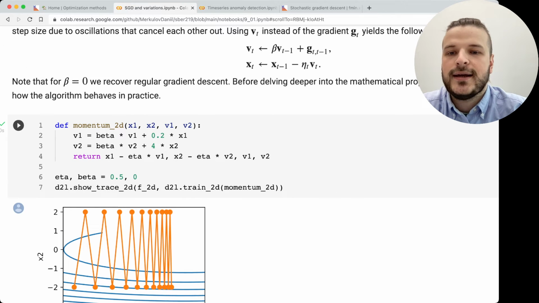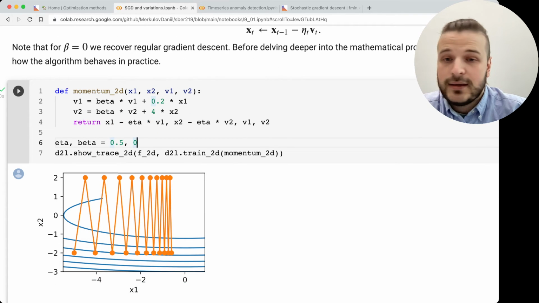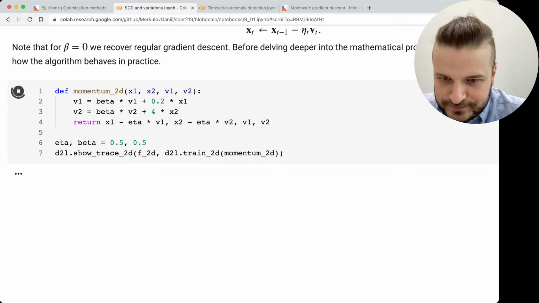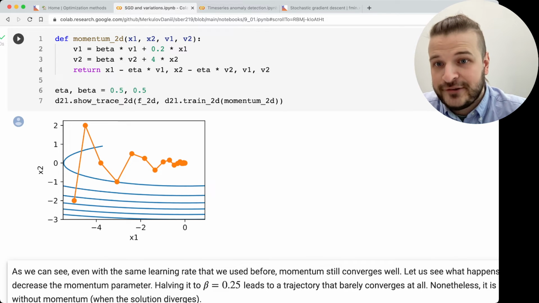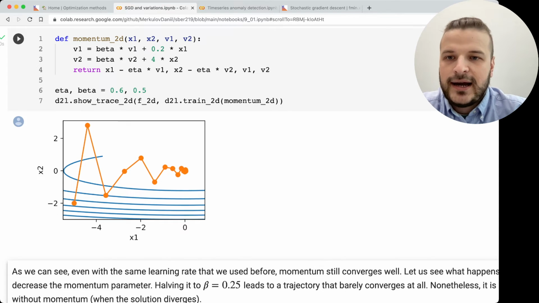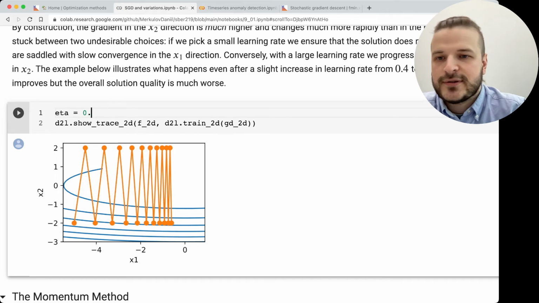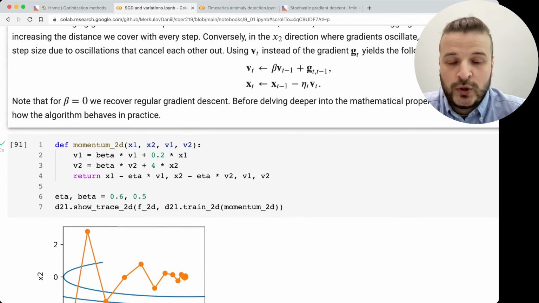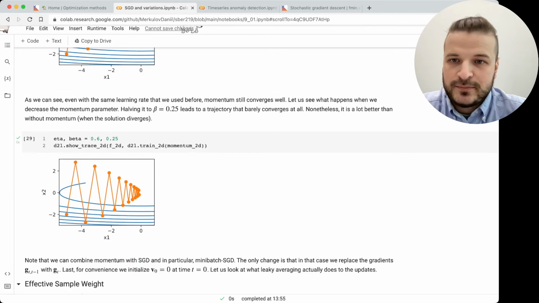Because if you don't use any previous information, that's just the gradient descent scheme. But if you set, let's say, 0.5, you'll have a stabilization effect and acceleration actually. In fact, you can use an even higher value of eta here. If I used the same value of eta without momentum, I'd just have a divergence. But with momentum, that's stabilization, that's acceleration, and that's important.